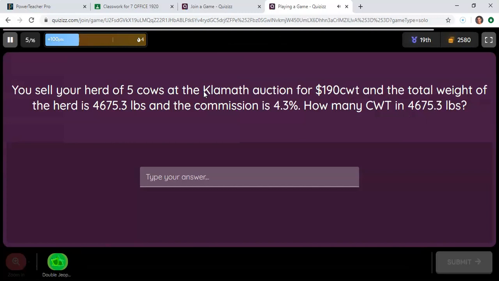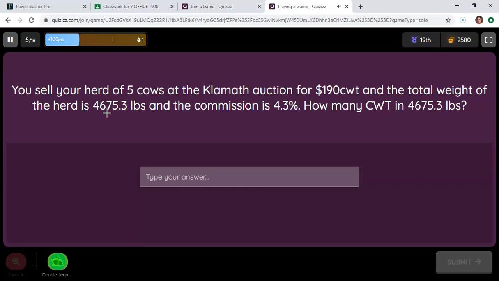You sell your herd of 5 cows at the Klamath auction for $190 CWT, and the total weight of the herd is 4,675.3 pounds. And the commission is 4.3%. How many CWT in 4,675.3 pounds? So once again, we have to divide by 100, the hundredweight there.